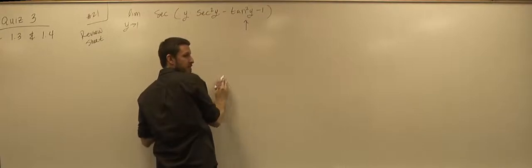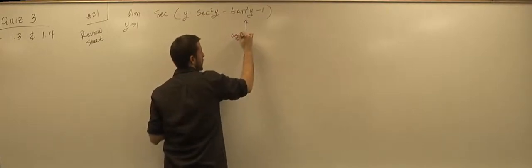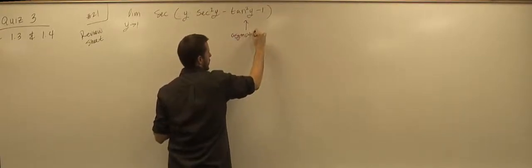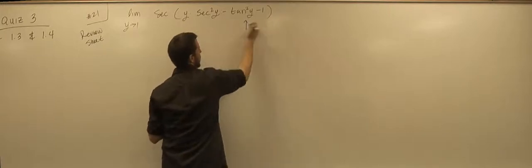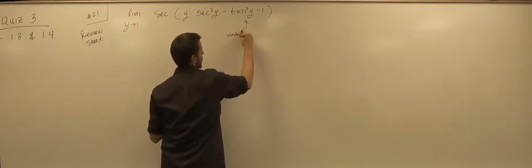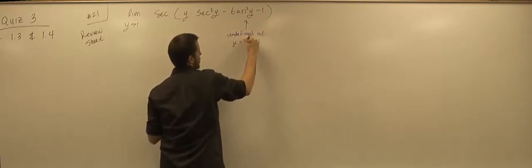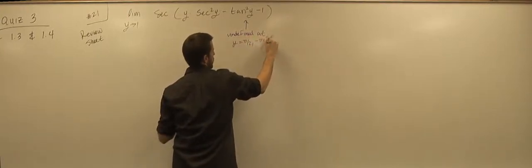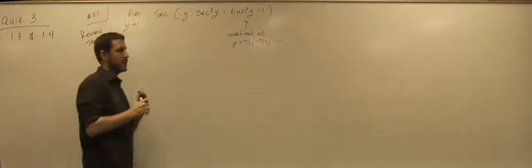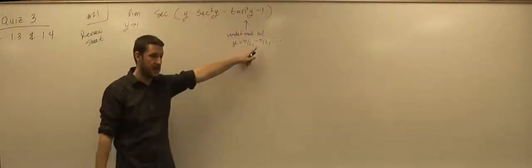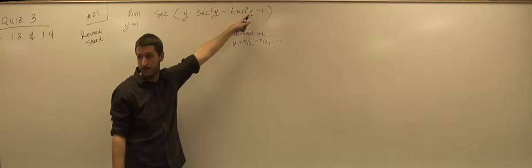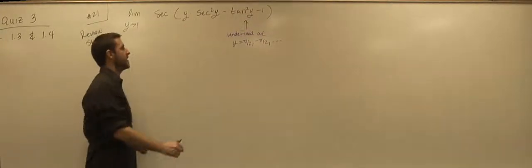Yeah, tangent has asymptotes at pi over 2, negative pi over 2. Or let's put it like this, undefined at y equals pi over 2, or negative pi over 2, or 3 pi over 2, etc. But 1 is not equal to negative pi over 2 or pi over 2, so you can just plug it in.